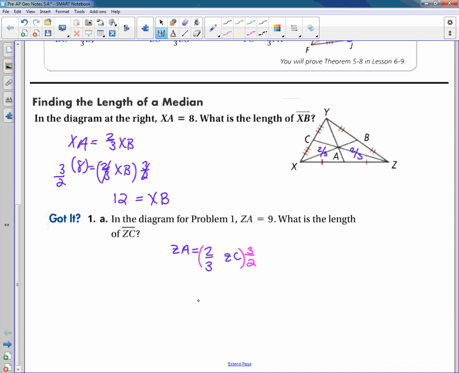And that will give me 3 halves of ZA equals ZC. So I'll fill in 3 halves of ZA, which is 9, equals ZC, and that will give me ZC equals 27 over 2, or about 13.5. Okay.